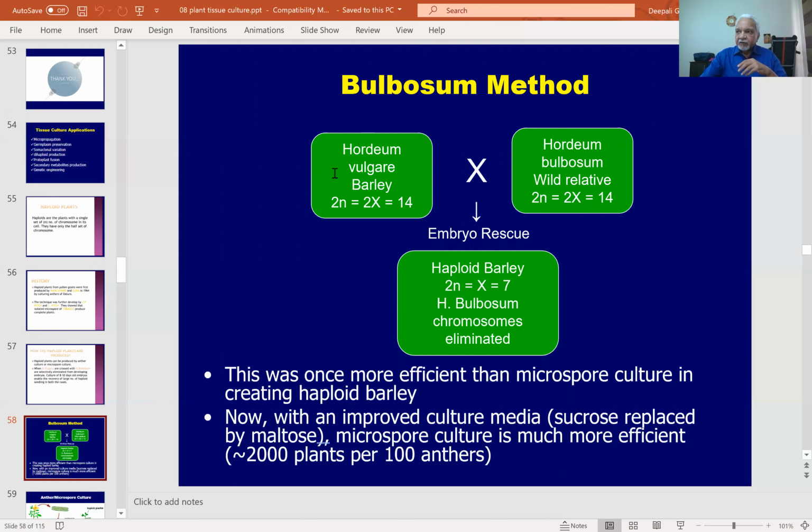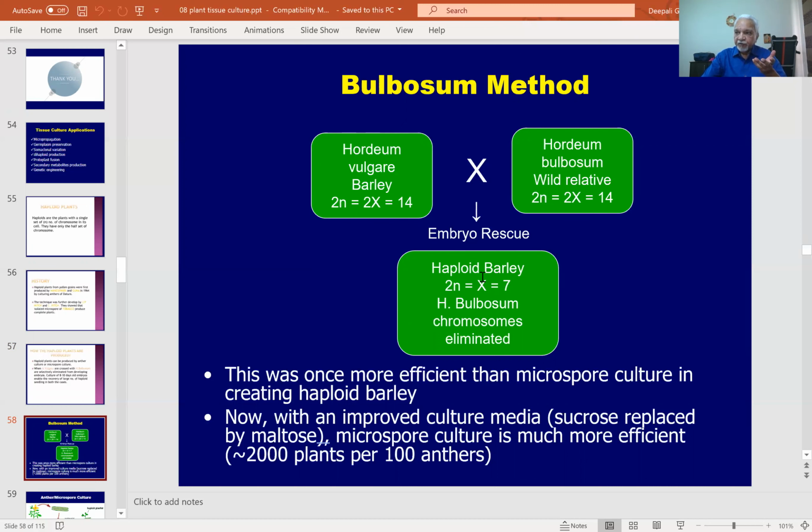Now, diagrammatically, this is Hordeum vulgare, which has 2n equal to 14 chromosomes, and Hordeum bulbosum also has 14 chromosomes. When they are crossed and the embryo is rescued, you have a haploid barley plant which has 7 chromosomes coming from Hordeum vulgare, and the Hordeum bulbosum set is eliminated.